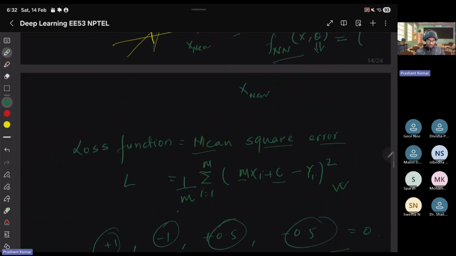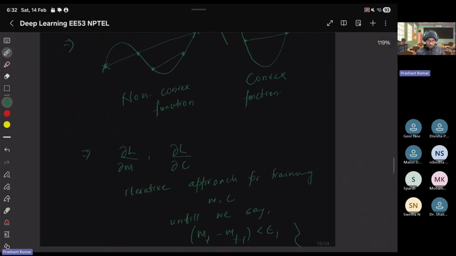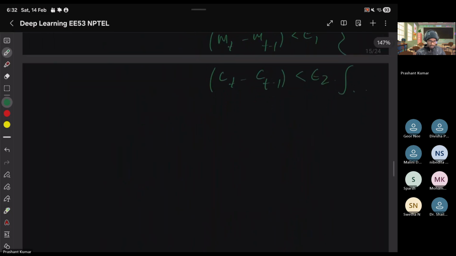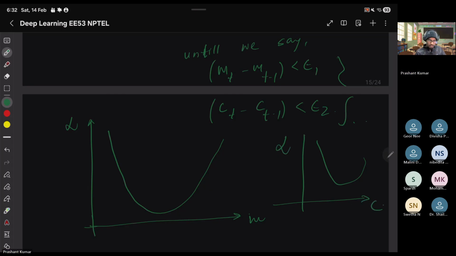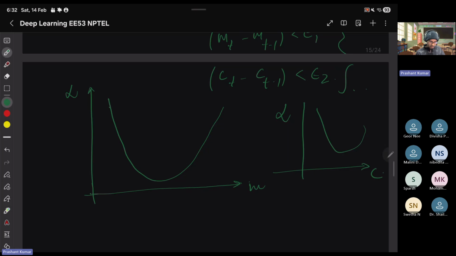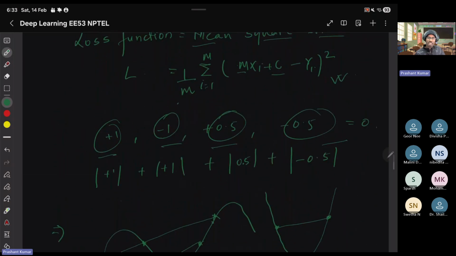Now, when I was talking about machine learning optimization and pure optimization, what are you going to get here? Let's draw another line, and we say that this is M and this is L. Similarly, you can draw some curve for L and C. When you have changed the value of M by some value, it might happen that somewhere the error will become larger.